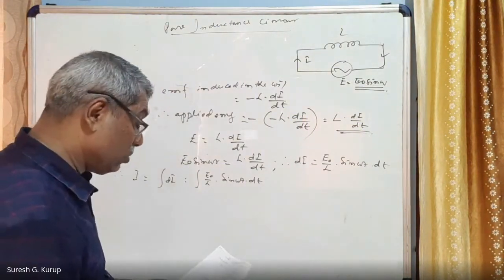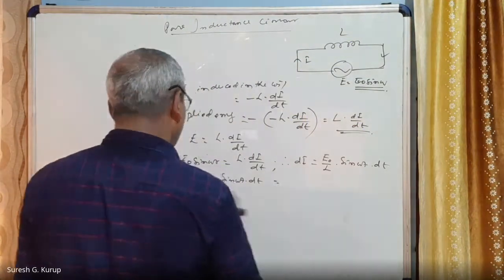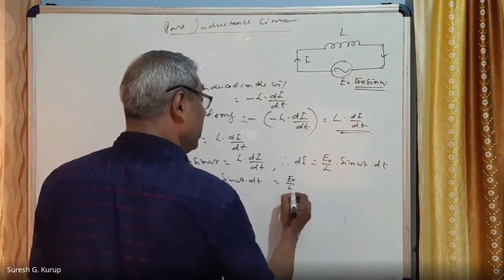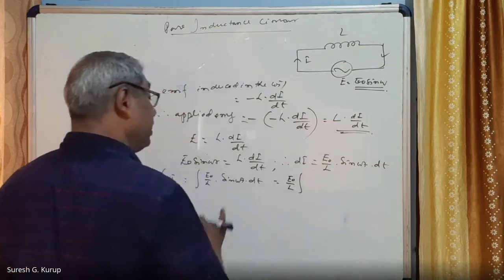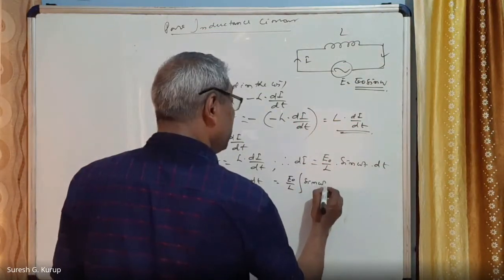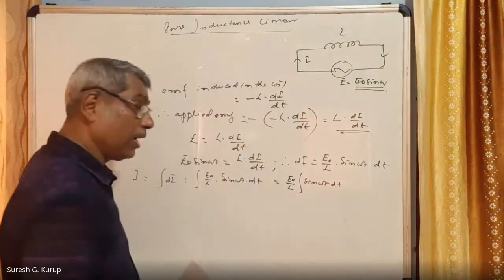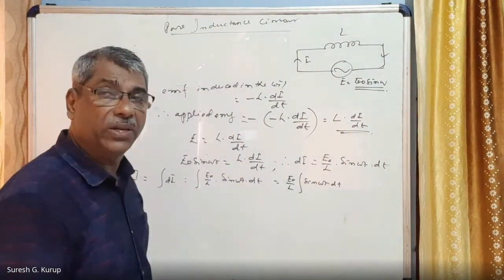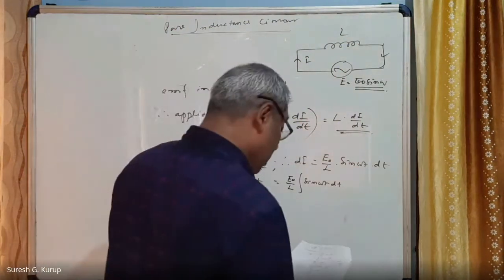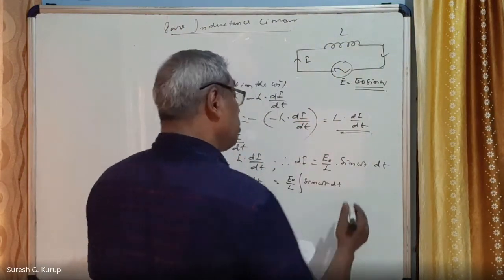E0 by L can be taken outside: E0 by L into integral sine omega t dt. The integral of sine omega t dt is equal to minus cos omega t by omega. Right?